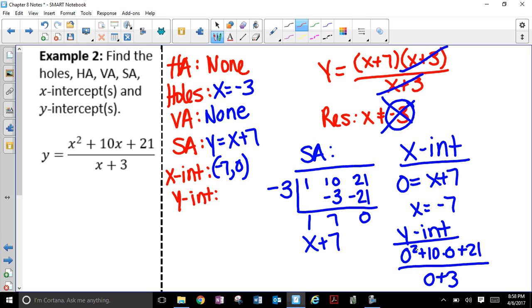Well, your zeros all go away. 10 times 0 is 0. 0 plus 3 is just 3. So 21 divided by 3 gives you 7. But when you write it as an ordered pair, that would be (0, 7). Okay? And then you filled in all your blanks.